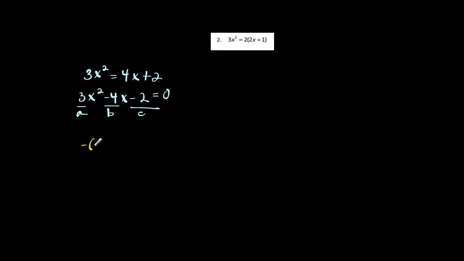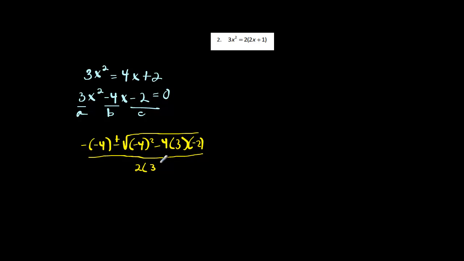So the opposite of b plus or minus the square root of b squared minus 4ac, divided by 2a.